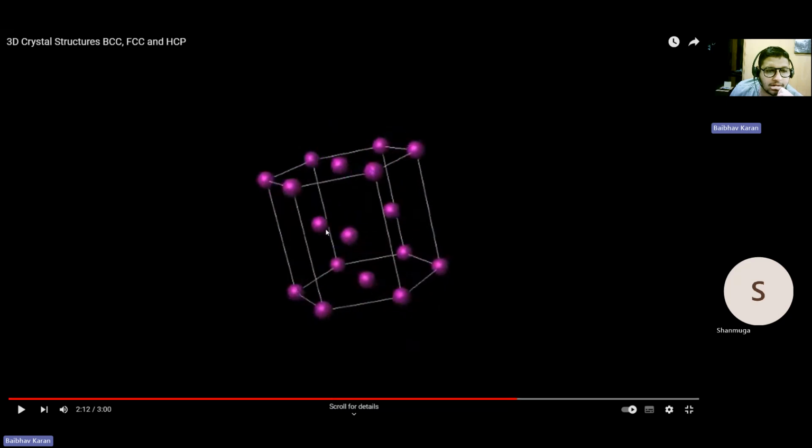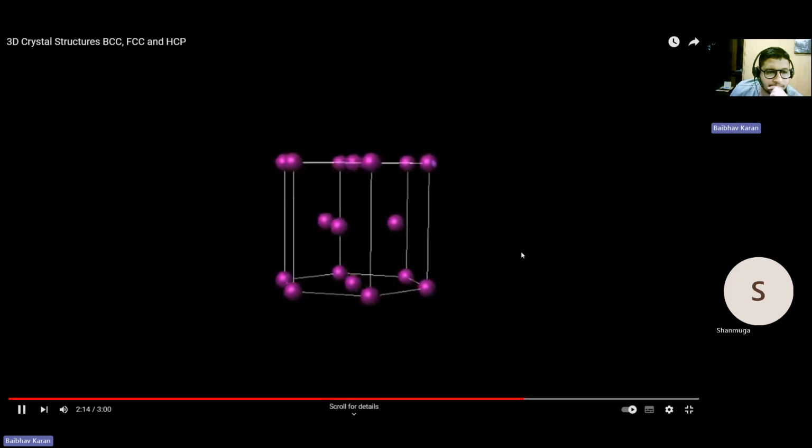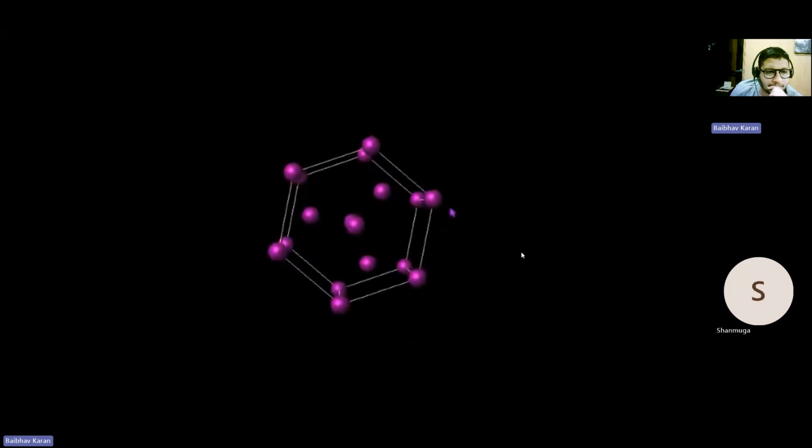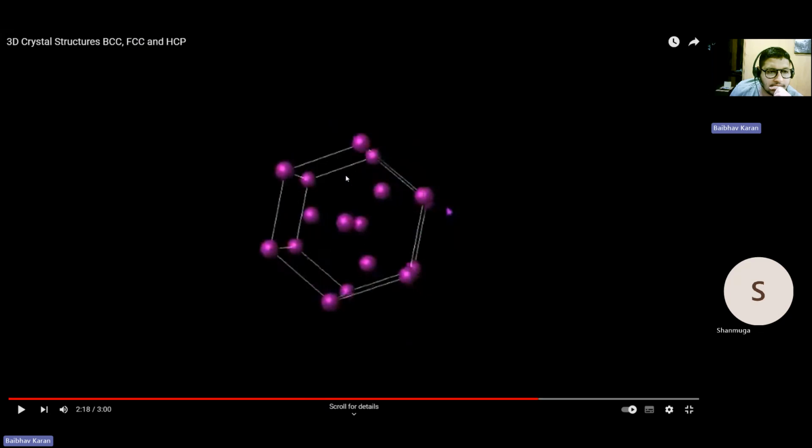And there are three more atoms in the middle between these two hexagons. As you can see here, the bottom and the top arrangements are the same, and the middle arrangement is quite different from that.